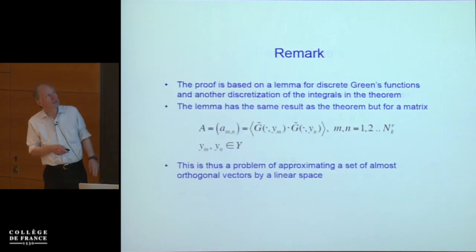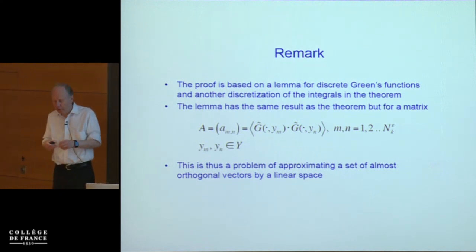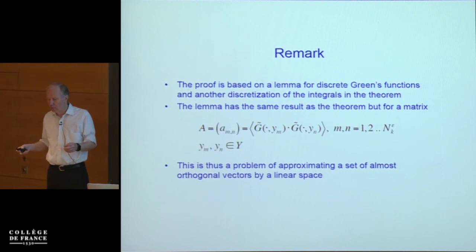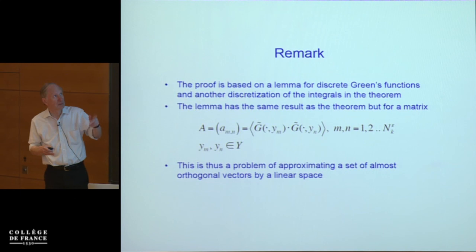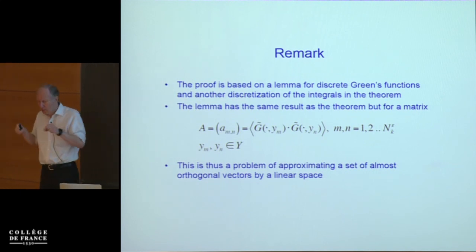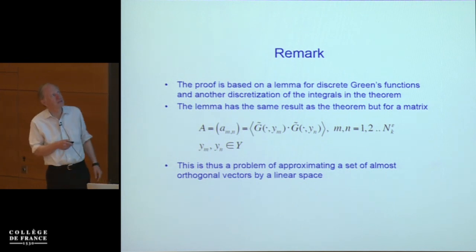And to do this, we base it on a discrete lemma. So these were integrals over the domain of x. So what we do is we discretize the problems with two discretizations. You have a fixed number of y points, and then you discretize x, so you do a Riemann sum instead of the integrals, and then you estimate the difference between that.